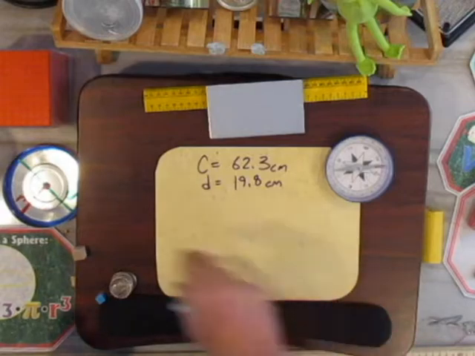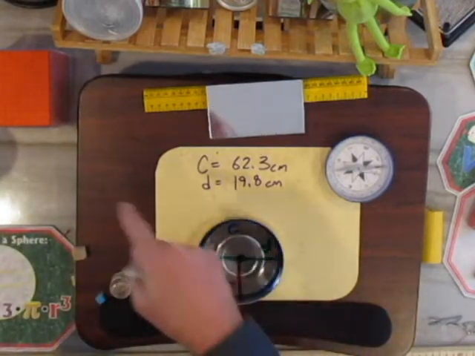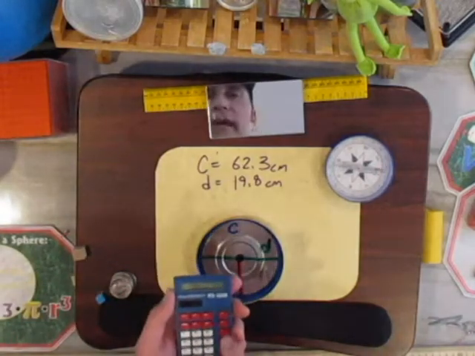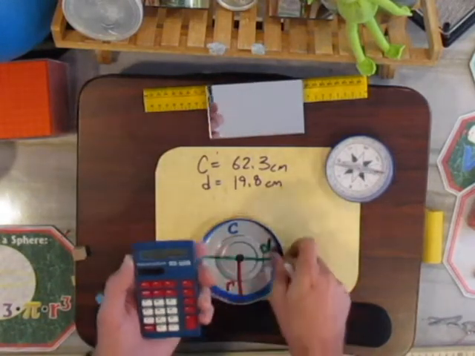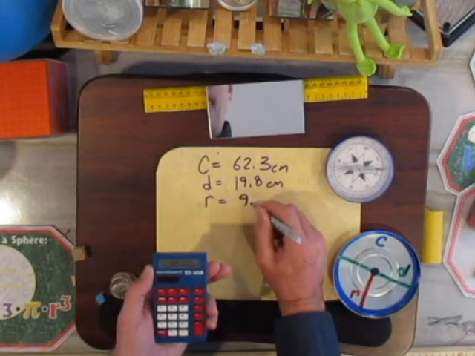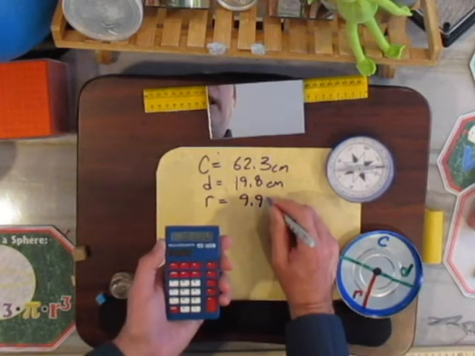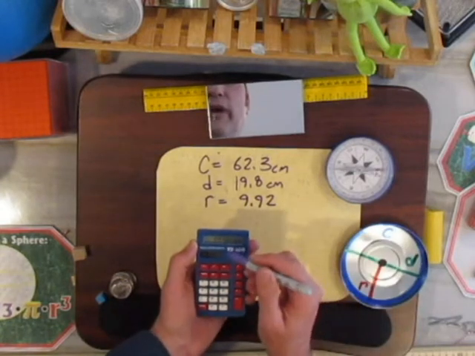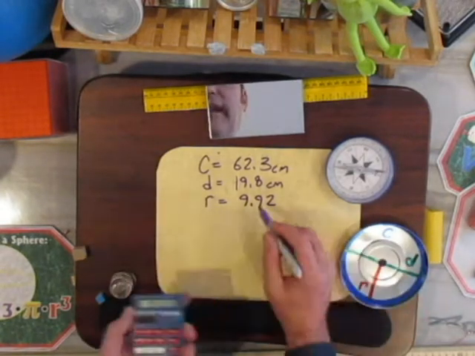So that's going through from one side to the other in that globe, right? And then if I divide that by 2, well, now I've got my R. So R equals 9.92. I'm going to keep that 2 just to get it more accurate. Usually, I could round it to 9.9.